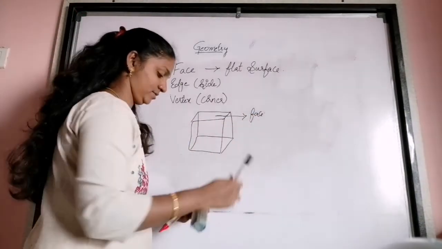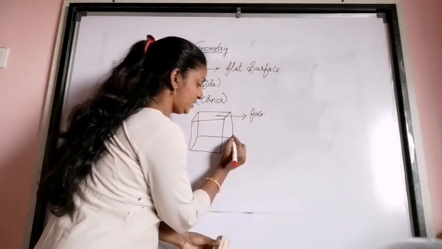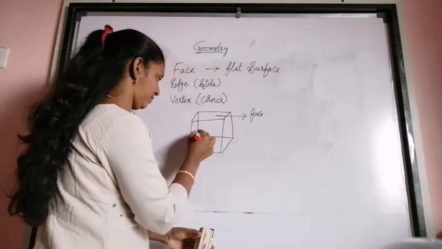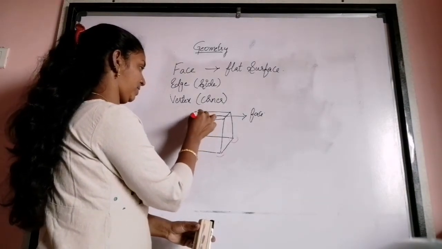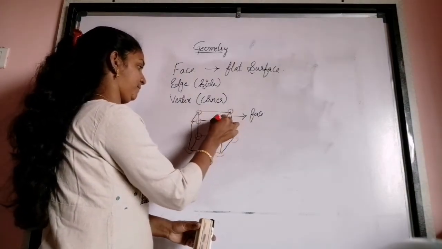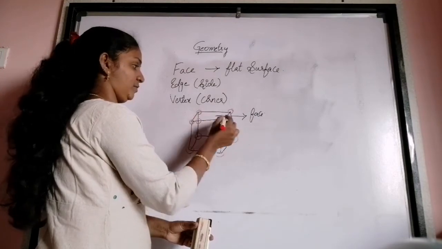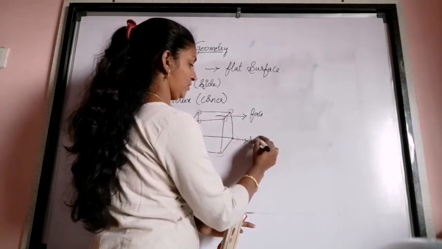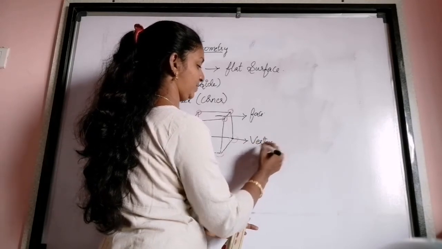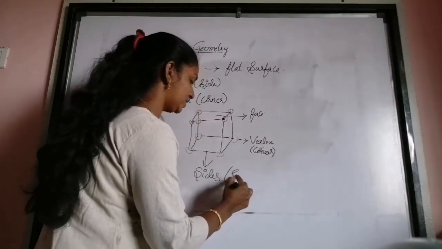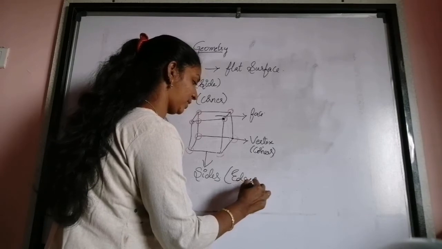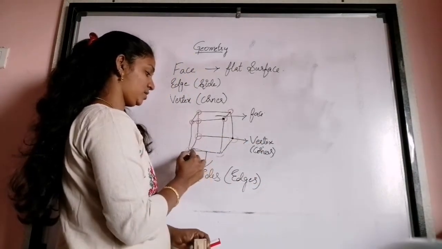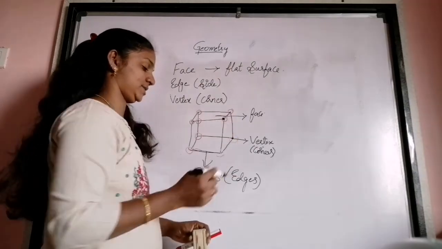And these points where they join are called vertex. The joining points are called vertex and the sides are called edges.